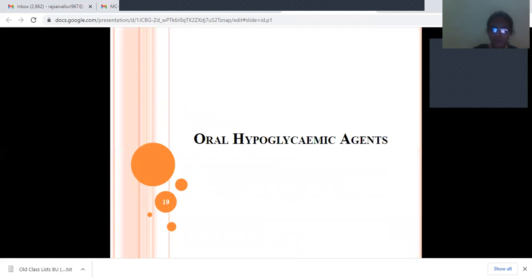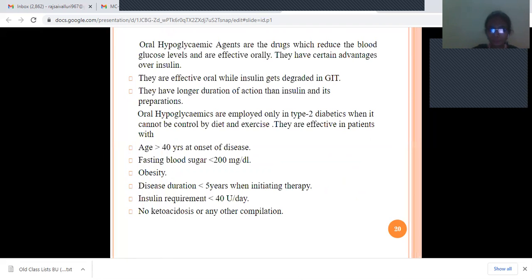Next, let's see what oral hypoglycemic agents are. This is the medicine which we take through the oral route of administration in order to control the blood glucose level in our body. These drugs are used to reduce the blood glucose level, and they have several advantages over insulin.